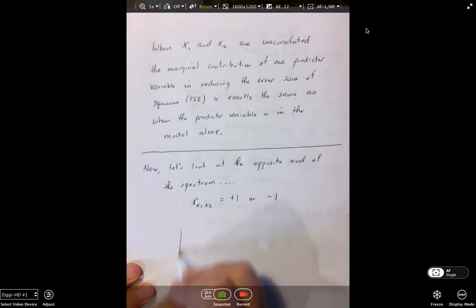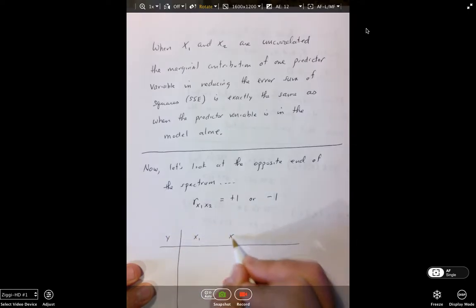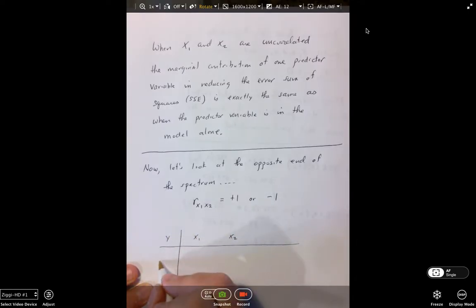Now, what I want to do here is give you a small data set. And 2, 8, 6, 10, and 6, 9, 8, 10.